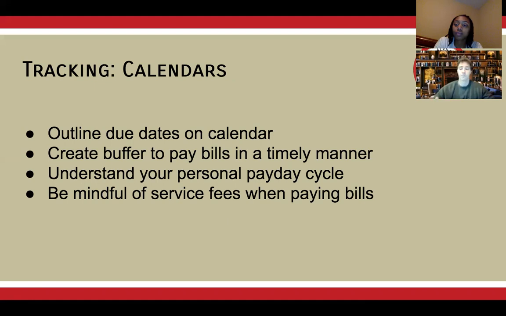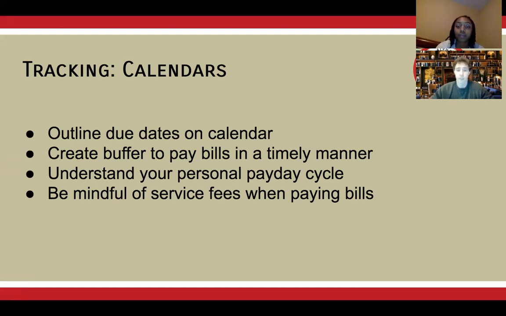So if you have 3 bills adding up to $300, you want to have a buffer of at least $500, so you can pay those $300 in bills and you'll have $200 extra in case another bill or groceries or things like that come up.